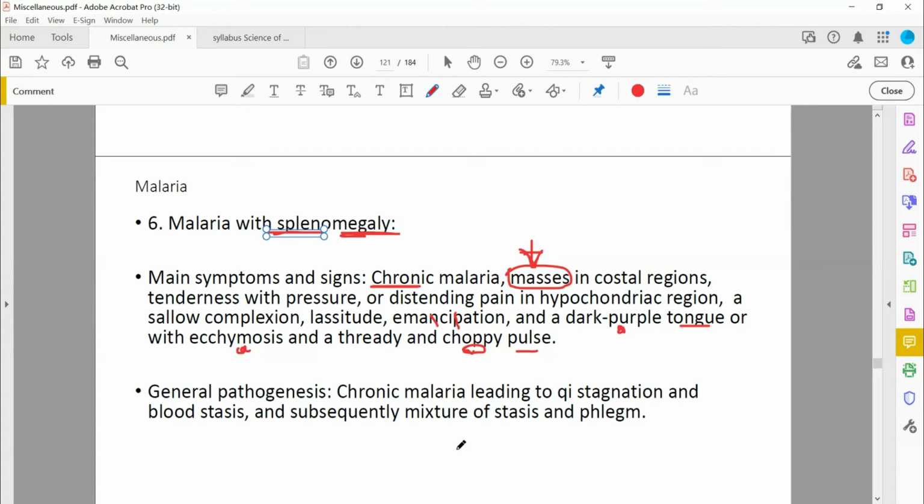So the case will be more complicated. And if the disease lasts a longer time, it's easy to generate blood stasis, phlegm, right? Even fluid. Those pathological products.